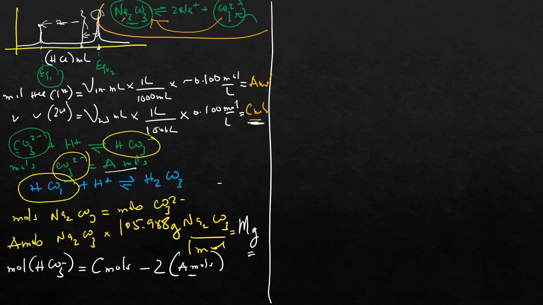We are multiplying by 2, and the difference from the second equivalent point will give us the actual moles of HCl that reacted with the bicarbonate. Once you get those moles, the mole ratio of your HCl to the bicarbonate is actually 1:1.